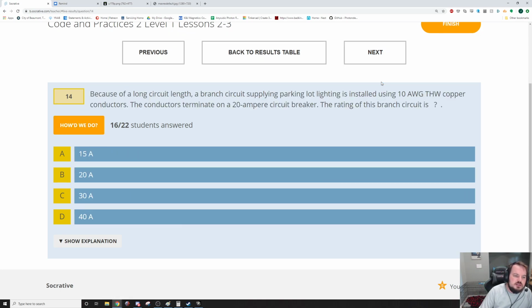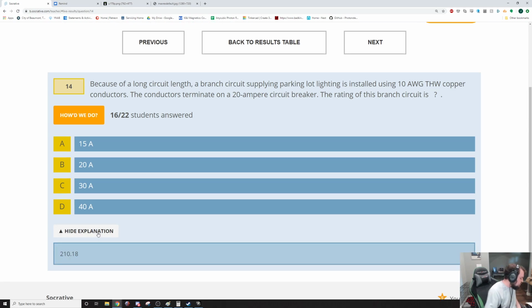Number 14, because of a long circuit length, a branch circuit supplying parking lot lighting. So this one, you'll actually look in Article 210, which is branch circuits, and you'll be looking at ampacity ratings. 210.18 is going to be your goal. Branch circuit ratings is the keyword that you're looking for.